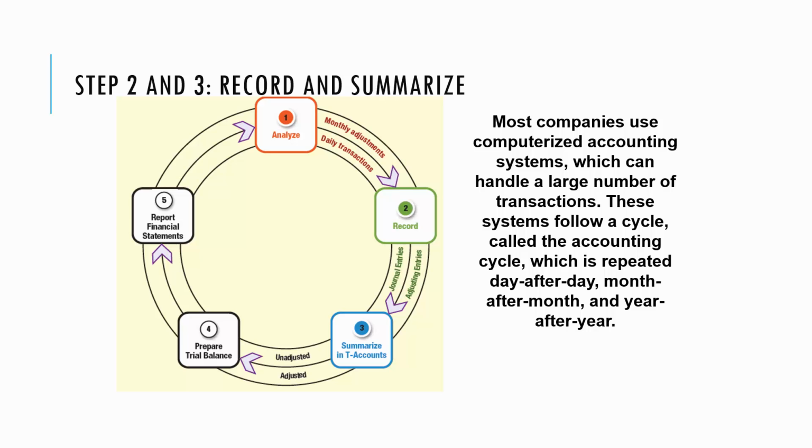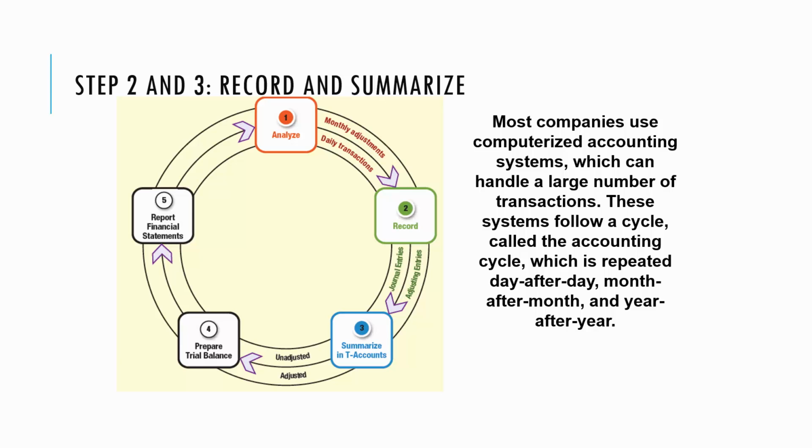Even though we're going to be using T accounts and we're going to be writing out the journal entries, it's important for you to understand that most companies do use computerized accounting systems to handle a large number of transactions. If you take a class in Accounting Information Systems, which is another class that I teach, you'll learn all about this.